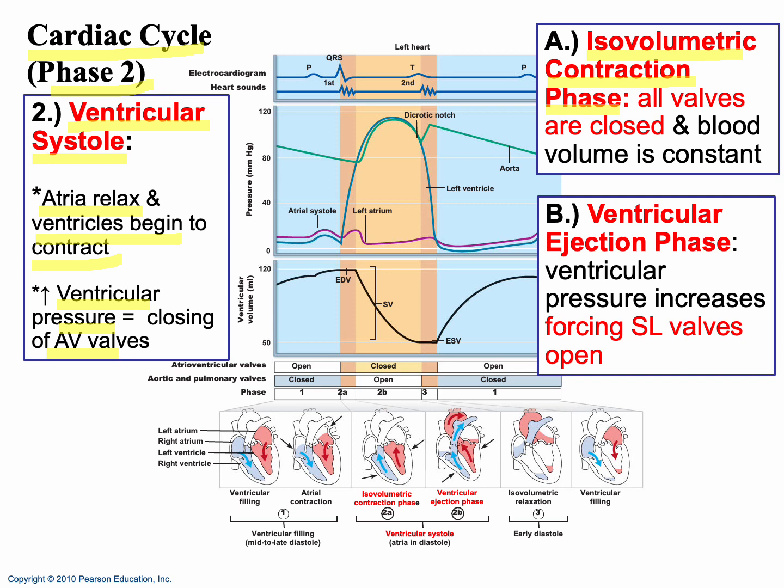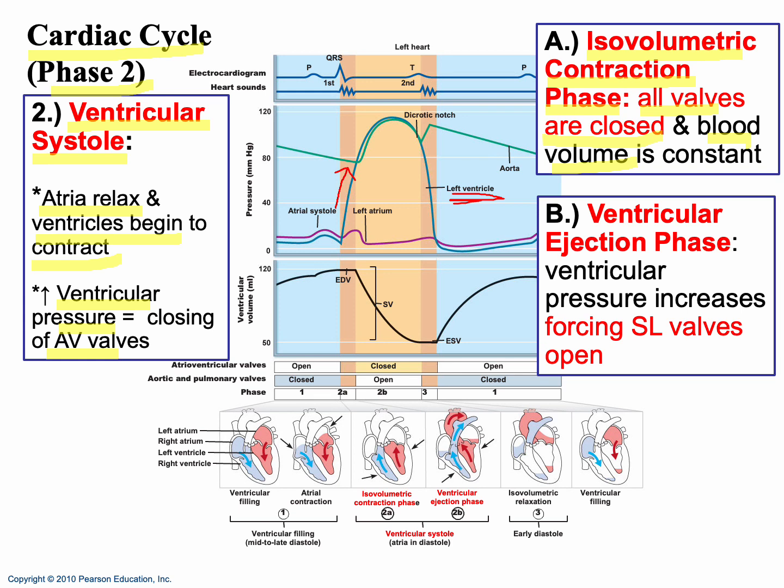And this is where we have all valves closed and blood volume is constant. And this is really just a very short period of time where that's the case. Because eventually, we'll see here, pressure will start to increase in the left ventricle here.